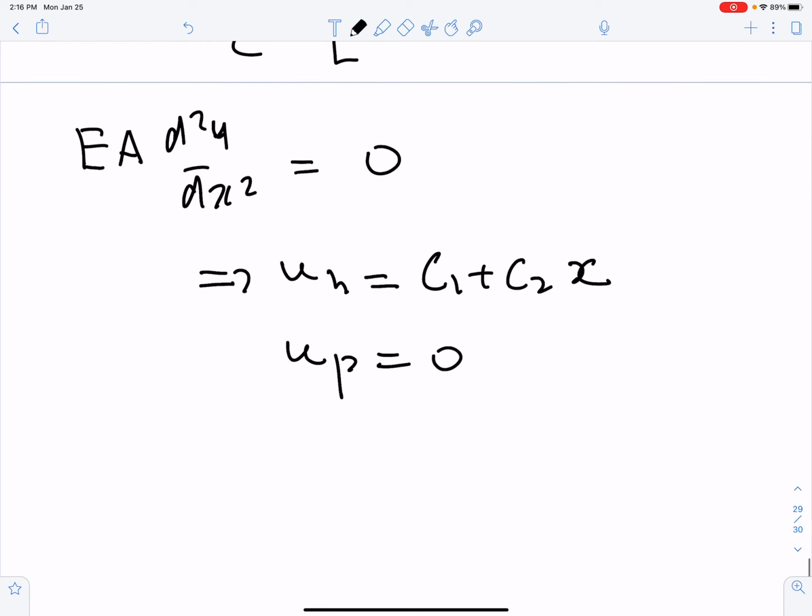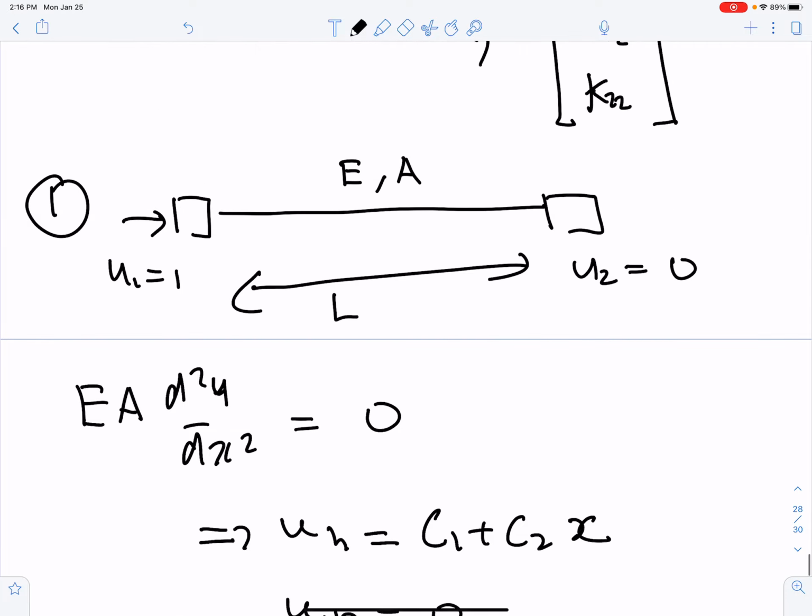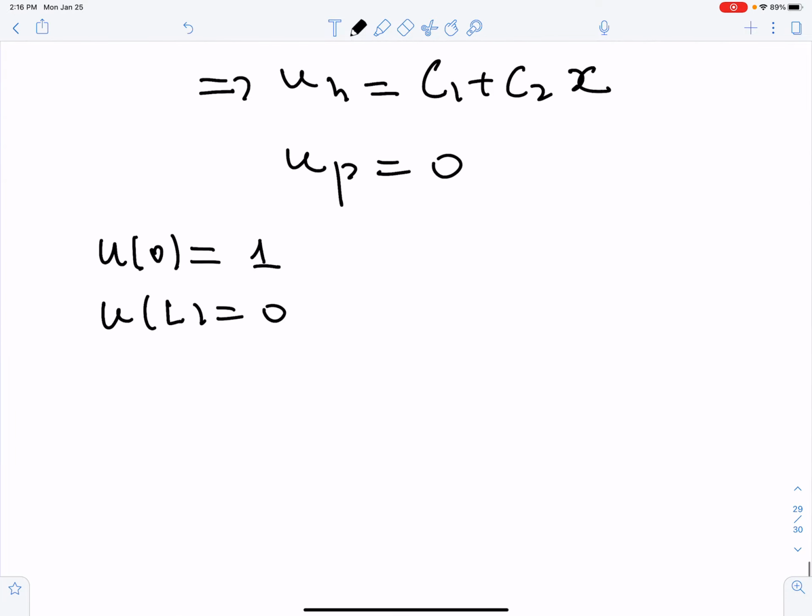Applying the boundary conditions, I know that u of 0 equals 1, and u at L equals 0, according to the setup here.